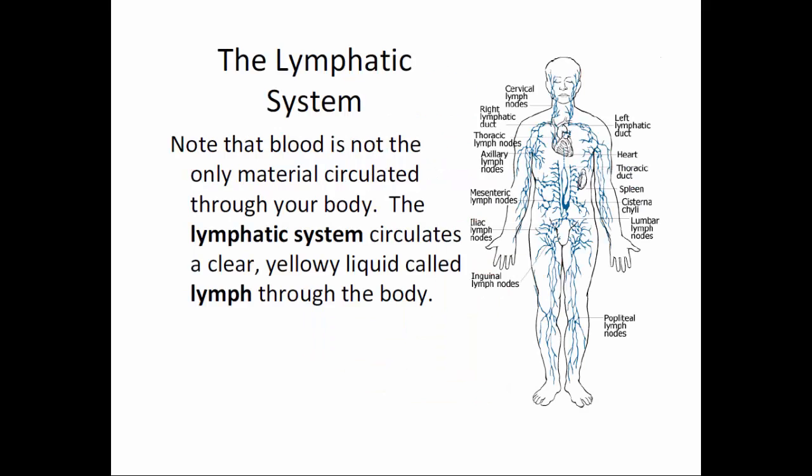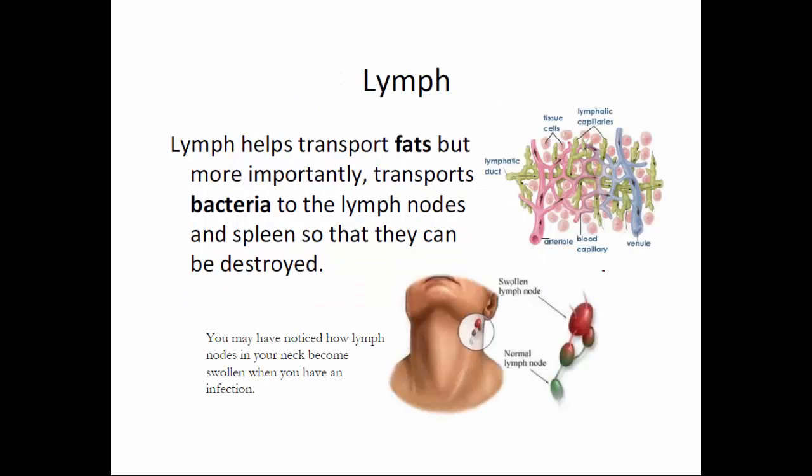There's a whole separate system of vessels within the body called the lymphatic system. And we don't talk as much about that, but in fact it's very important for a couple of reasons. So it circulates a clear yellowy liquid called lymph, go figure, through the body. And lymph transports fats, but it also transports bacteria to the lymph nodes and the spleen, to critical components of your immune system.